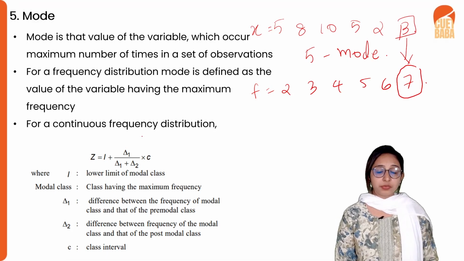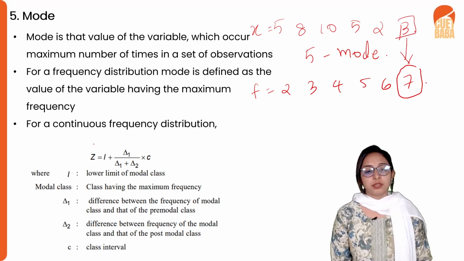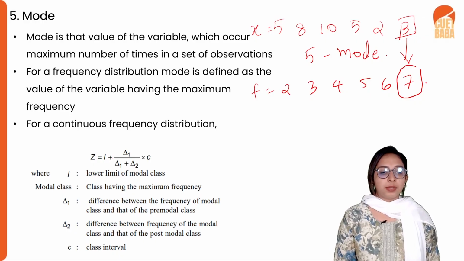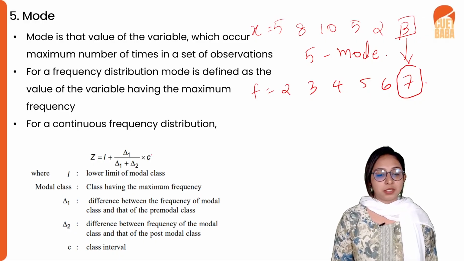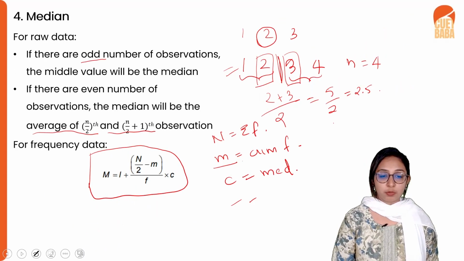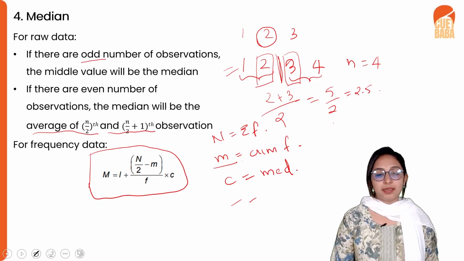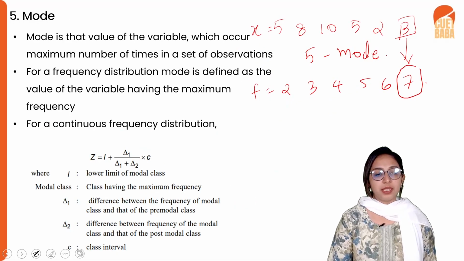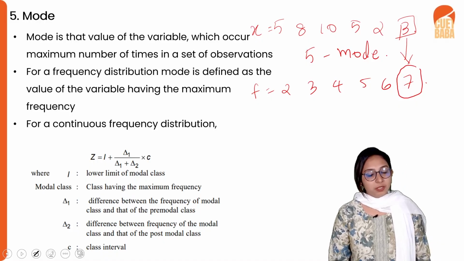For a continuous frequency distribution, this equation can be used: Z is equal to L plus delta 1 divided by delta 1 plus delta 2, into C. L is the lower limit of the modal class. In the previous slide, we calculated the median class and gave the values to the equations. Here we are calculating the modal class, and L is the lower limit of the modal class.